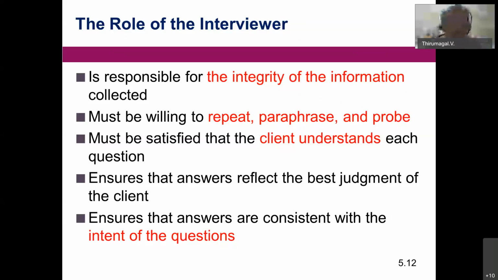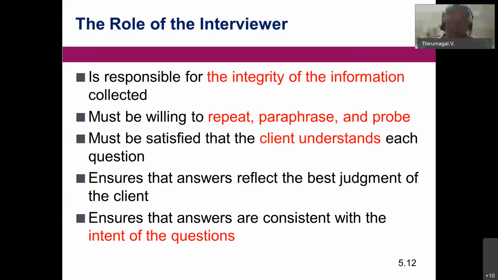You are telling me that you do not have any medical problems, so you do not need any special medical attention as of now during your substance use treatment. Am I understanding you clearly? And then he says, yes, I don't have medical problems, I'm fine. You have to repeat so that you make sure that you understood the client.